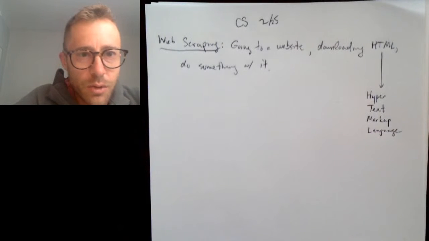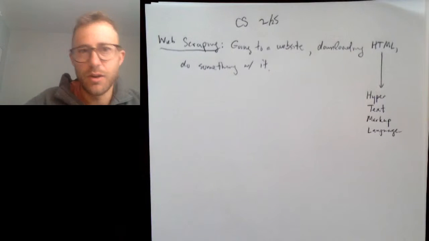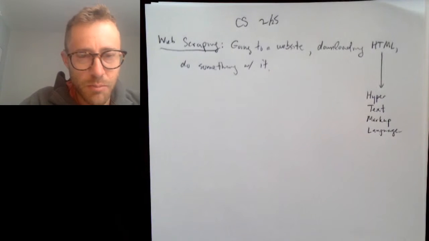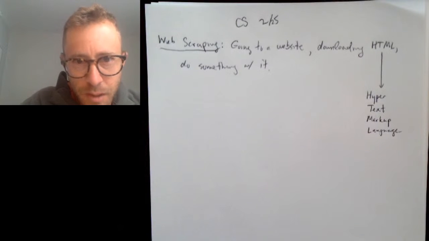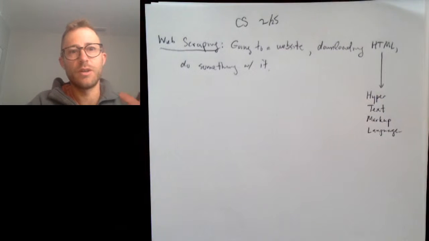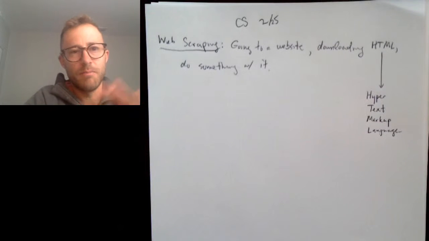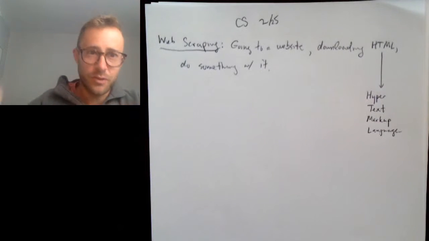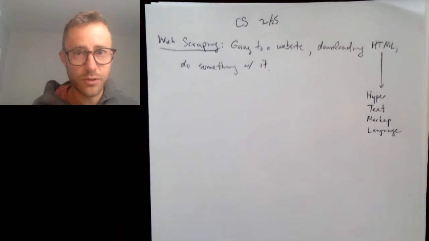Google, how Google knows what's in all of the websites that are in its search engine is that it basically crawls the web, downloads the HTML, and processes it. So it knows which websites link to which websites, so it can get the structure.